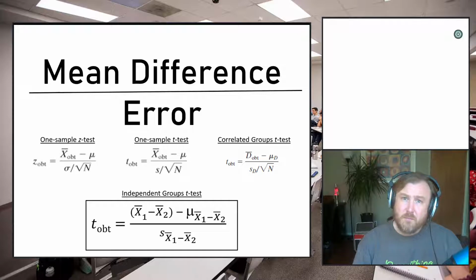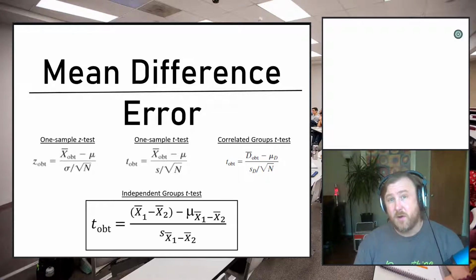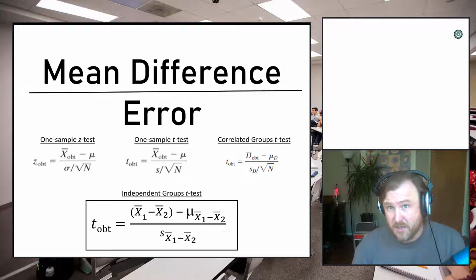And then we moved into correlated groups t-tests. And as a refresher, a correlated groups t-test is basically the same thing as a one sample t-test. However, conceptually it's unique because what you're comparing is the difference between two means in a repeated measures design or a within subjects design.